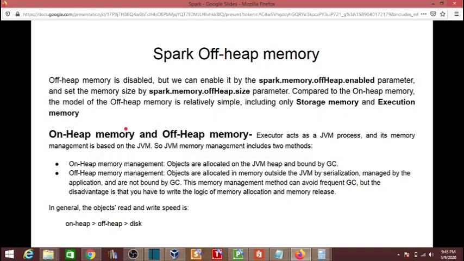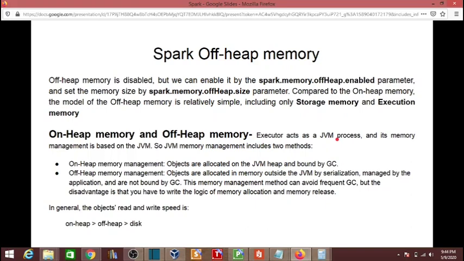So, off heap memory and on heap memory. The executor acts as a JVM process and its memory management is based on the JVM. JVM memory management includes two methods. In on heap memory management, objects are allocated on the JVM heap and bounded by the GC, so the GC will clear the objects stored in the JVM heap.